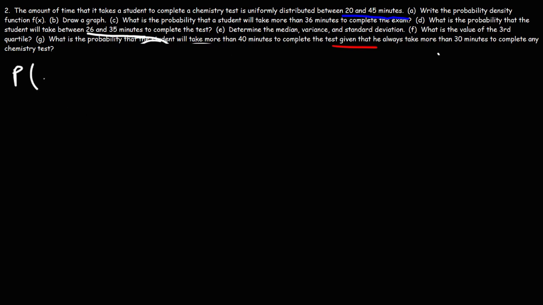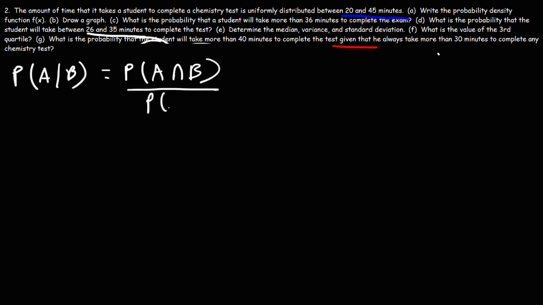The formula for conditional probability, let's say if we want to find the probability that event A occurs, given that event B has already occurred, is the probability of getting A and B, the intersection between A and B, divided by the probability of event B occurring.